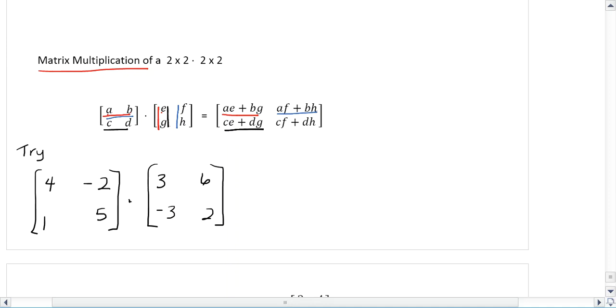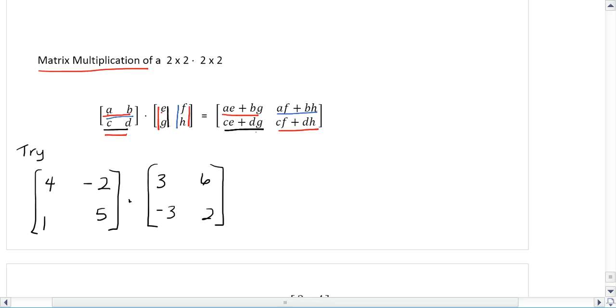I don't know if I have another color here. Doesn't look like it, so I'm going to use red again. And then for this last entry, we take this bottom row times the second column, C times F plus D times H, to get this entry.